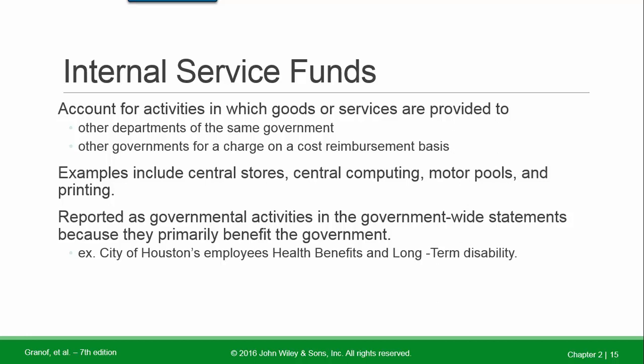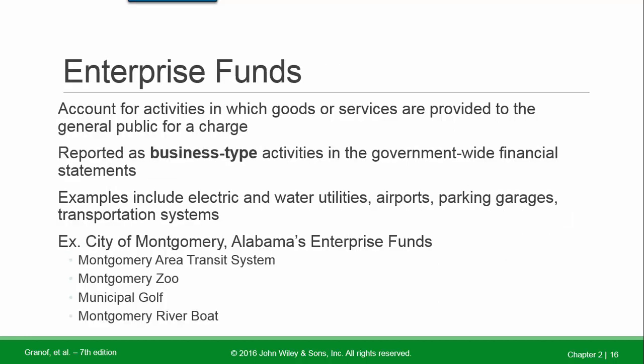These funds have internal users. Enterprise funds account for activities in which goods or services are provided to the general public for a charge, reported as business-type activities in the government-wide financial statements. Examples: electric, water utilities, airports, parking garages, transportation systems.